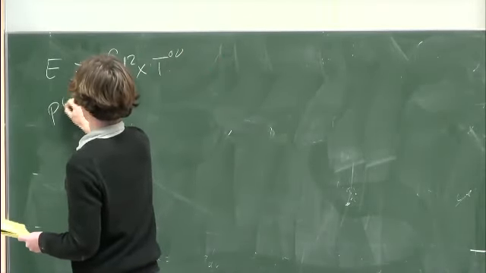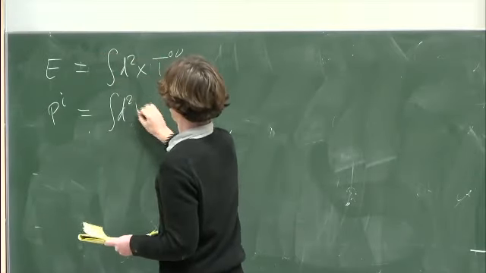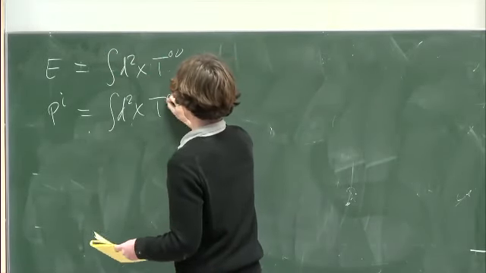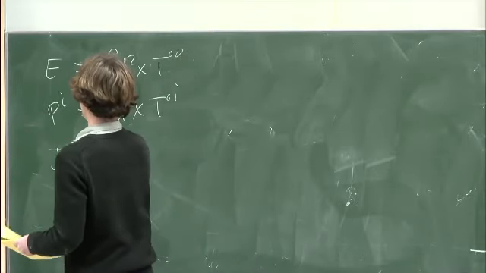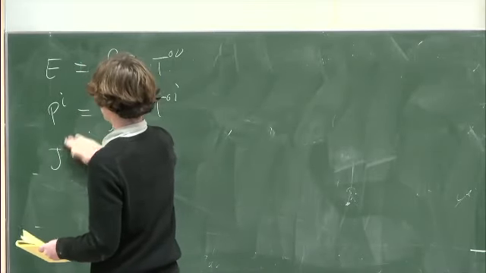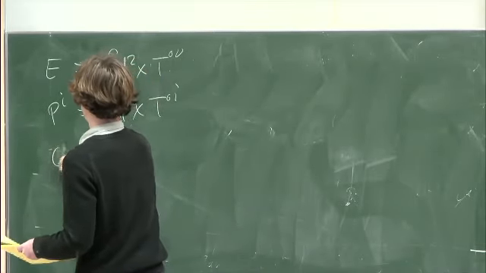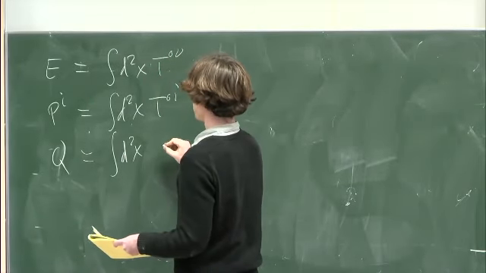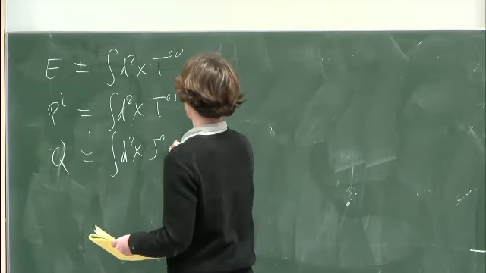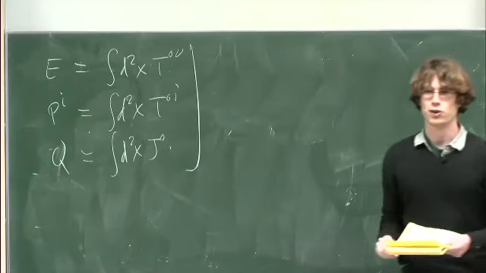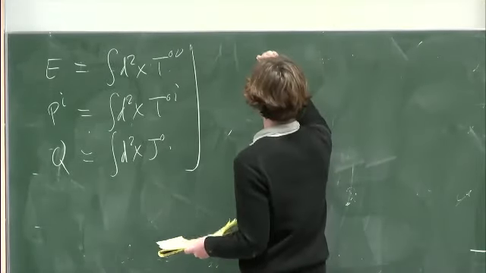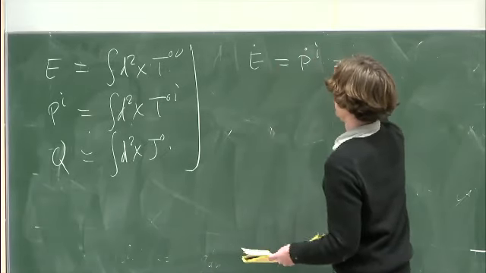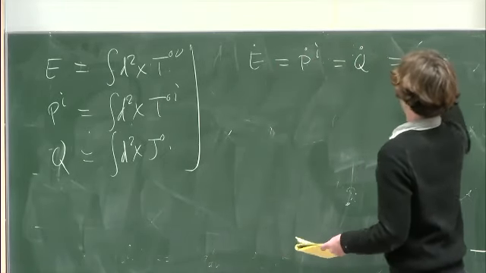There's the momentum, P^i, the integral over space, in two space dimensions, of T0i. And there's the charge, Q, which is the integral d2x J0. All of these as operators are conserved: E dot, P dot, Q dot equal 0.